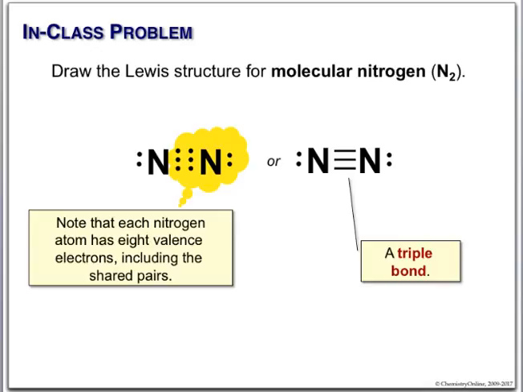Now we're going to look at lots of Lewis structures over the course of the next chapter or so, so we're going to review this over and over. Again, it's not a real complicated concept. You're shooting for 8 valence electrons around each of the atoms.